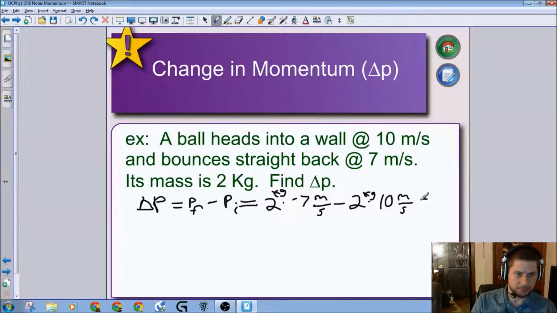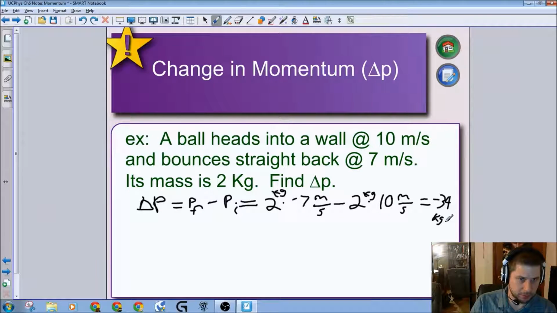So we get negative 14 minus 20, so negative 34.